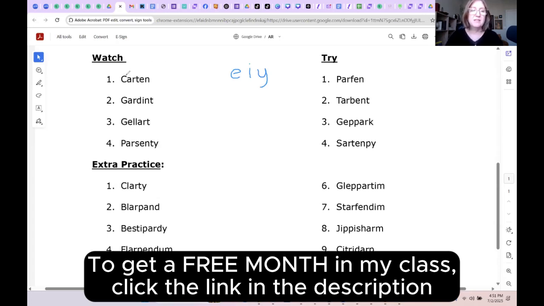So the soft sound for C is S. It's what you hear when you say the name of the letter. C says S if there's an E, I, or Y after it. Same with this G. You hear the J when you say the name of the letter G. That's its soft sound, and it will only say J if the next letter is an E, I, or Y, which we have right here.